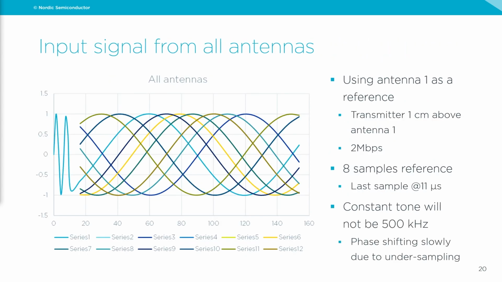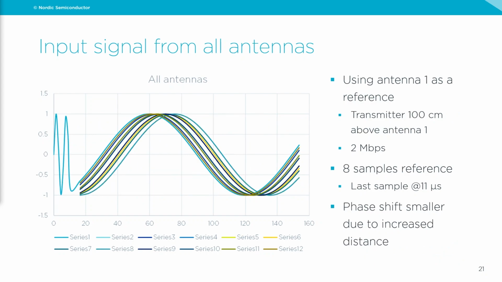So to give you a little bit of insight into what will be limiting the range of the system: looking again at this, as I showed earlier, this is the phase shift that you will be detecting in the radio at a 1 centimeter distance.